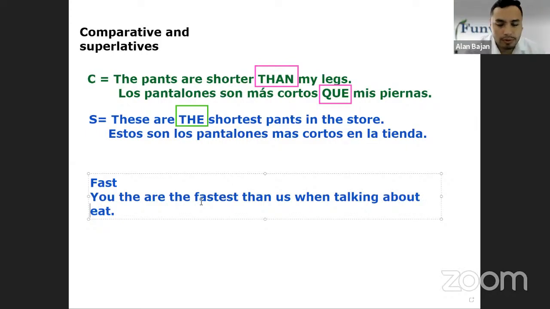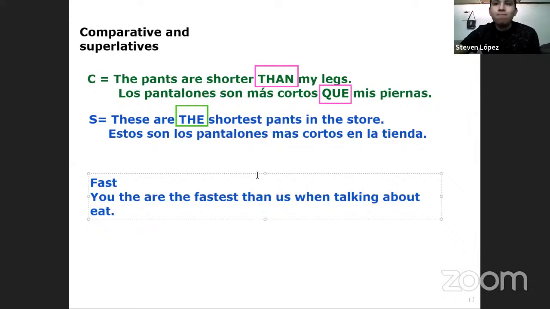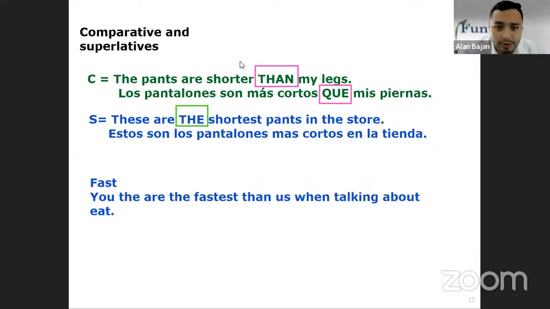When you use superlatives, we don't use than. You are the fastest of us. Eres el más rápido de nosotros. No que nosotros.